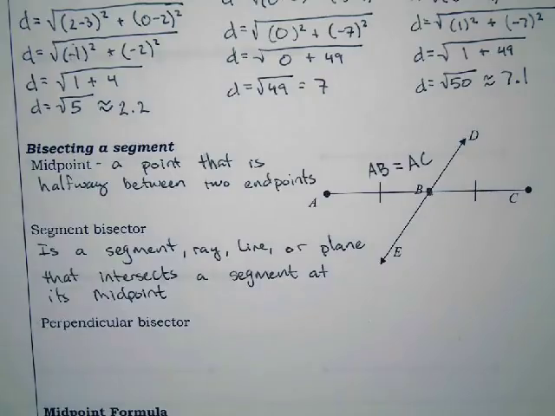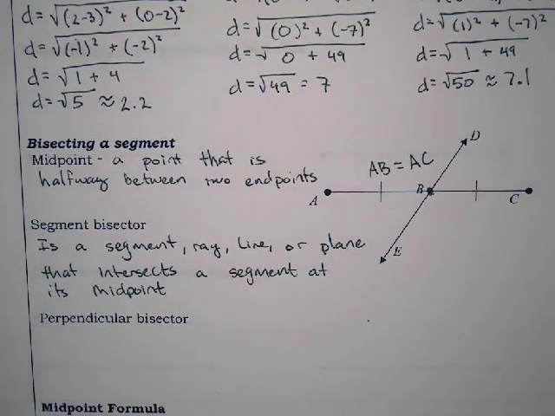So in essence, what that means is it's cutting the segment in half. It's any one of these things, segment, ray, line, or plane, and it's cutting that given segment in half.